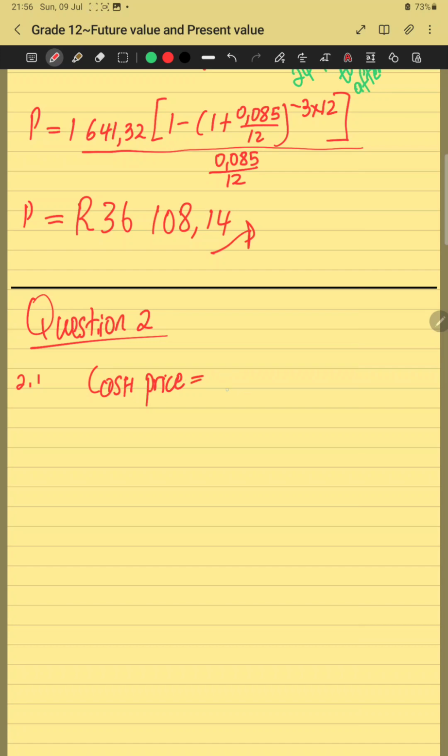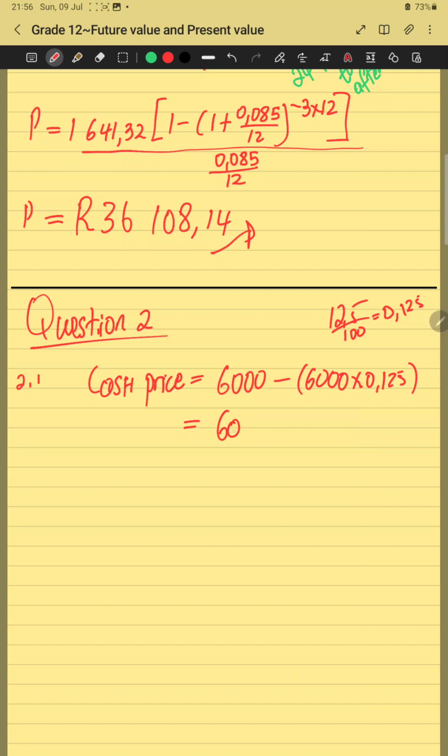So cash price will be equal to that 6,000 minus 6,000 multiplied by, remember that 12.5, it will divide by 100. 12.5 divided by 100 is going to be 0.125. So we multiply with that one, and then we get the answer.